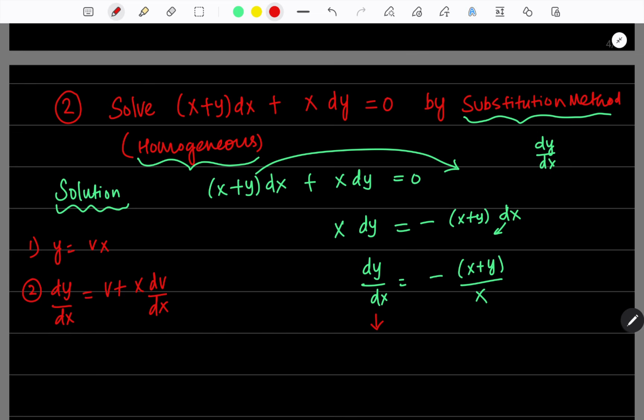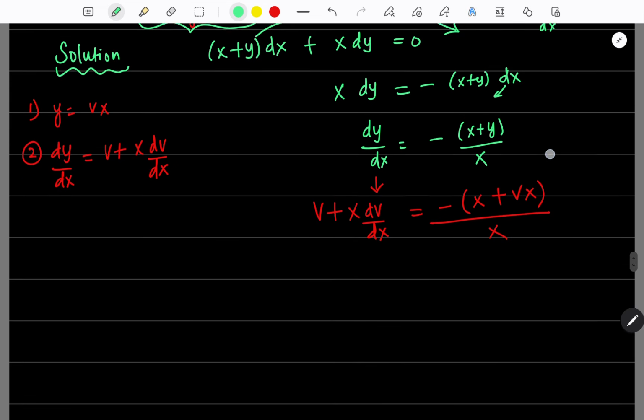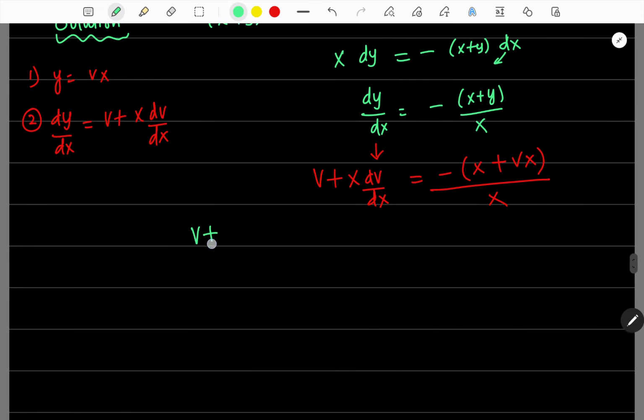So v plus x dv by dx is equal to minus x plus y, which is vx, over x. Clear? So v plus x dv by dx is equal to, I'm going to take x as common. See here, there is an x common: x times bracket open, 1 plus v, over x.